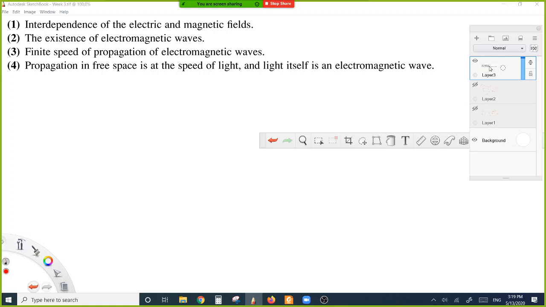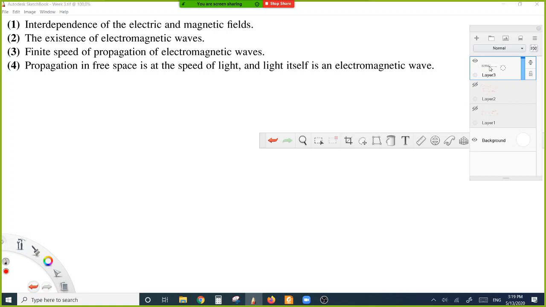And a second conclusion says the existence of electromagnetic waves. So far, when we discussed Ampere's law and Faraday's law, we didn't take into account the electromagnetic waves.